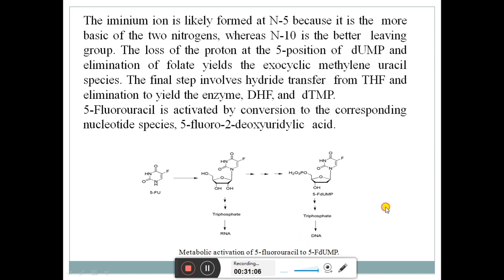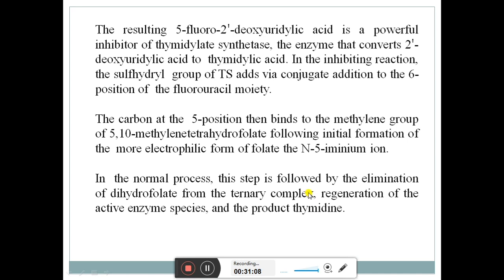So in this way the mechanism of action is observed. The 5-fluoro-2-deoxyuridylic acid is a powerful inhibitor of thymidylate synthetase, the enzyme that converts 2-deoxyuridylic acid to thymidylic acid.